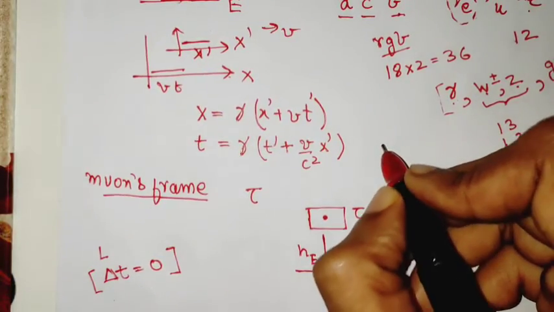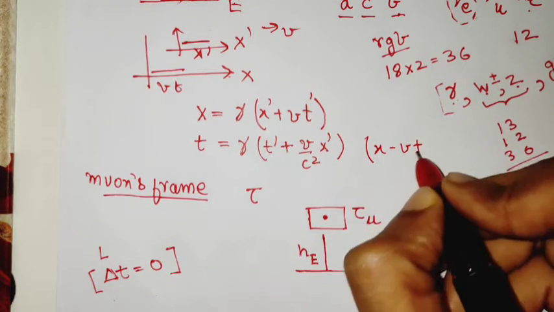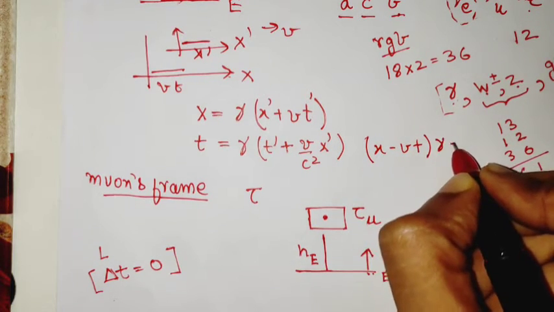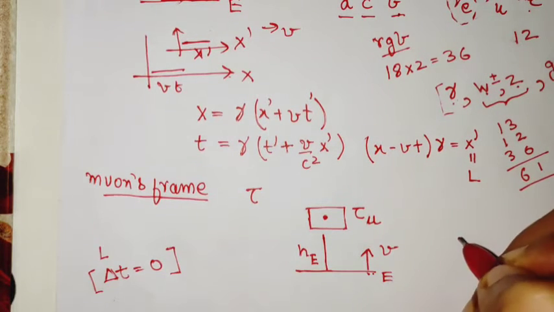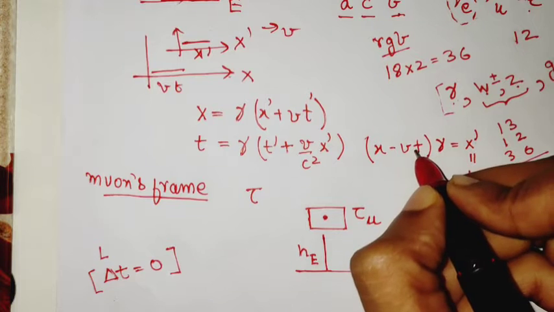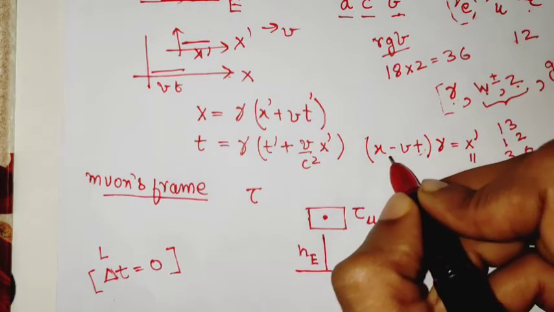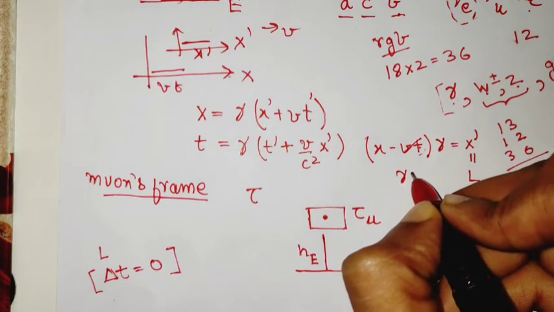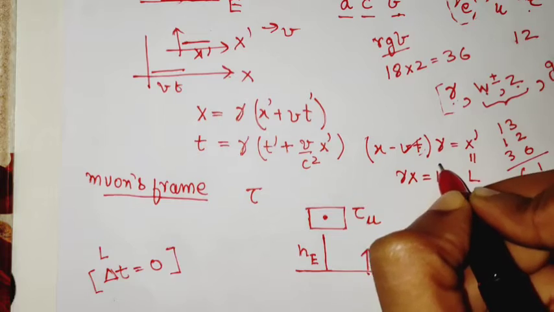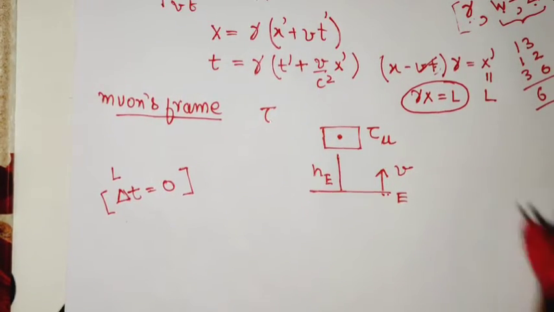So we get x minus vt times gamma equal to x prime, and x prime is equal to the length L, the proper length. If you take the deltas everywhere, delta t is 0. So we have gamma times delta x is equal to L. What is L here?